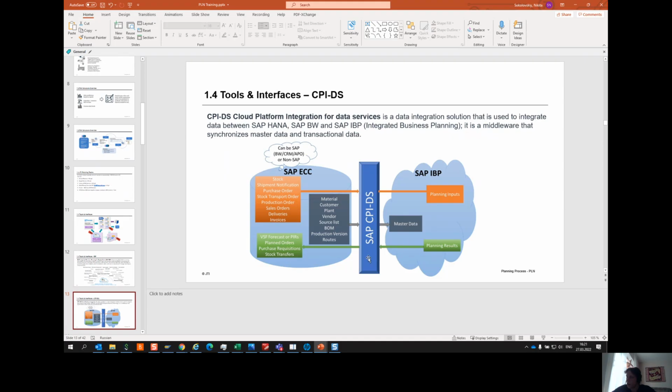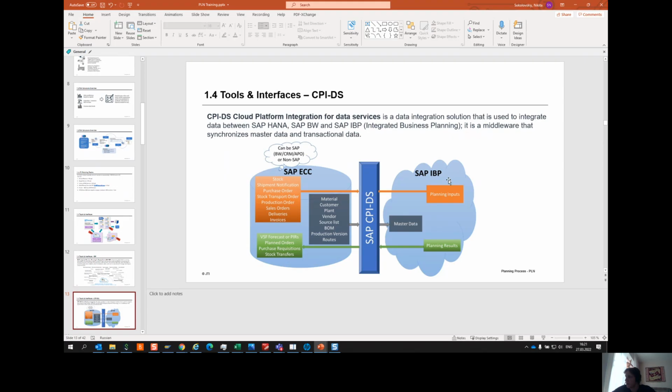So usually there are background jobs in CPIDS running, for example, every night at the same time, like 2 a.m. When the job runs, it synchronizes the data between PPDS and IBP.